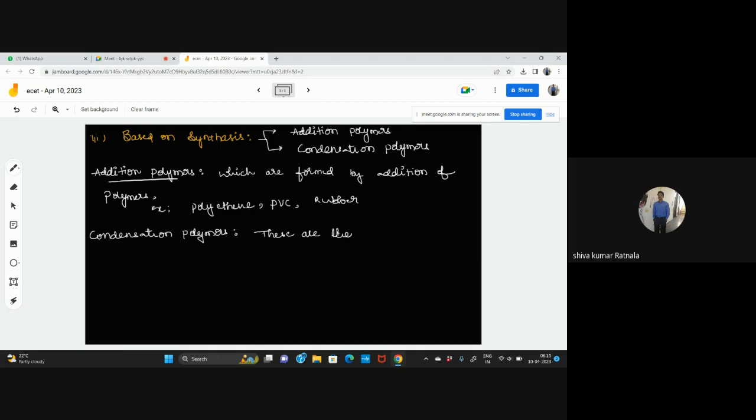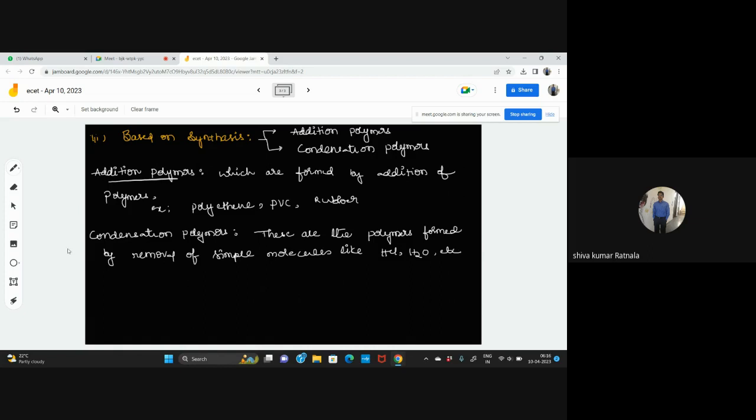These are the polymers formed by removal of simple molecules like HCl, H2O, NH3, etc. Okay, that means simply between two monomer units we are removing some molecules, that is condensation. Addition means simply we are going to add on the monomer units.